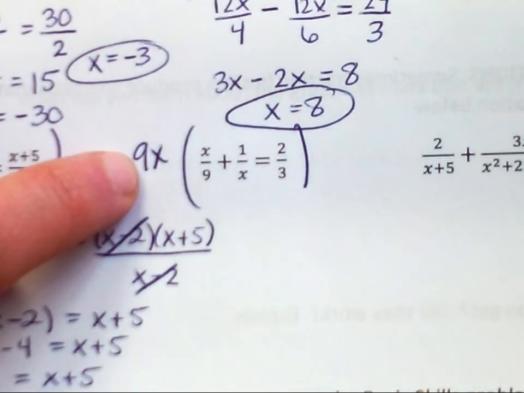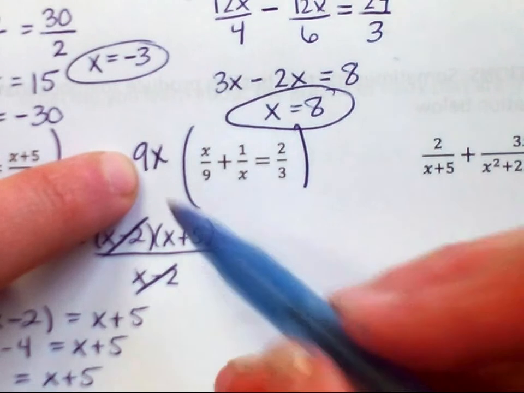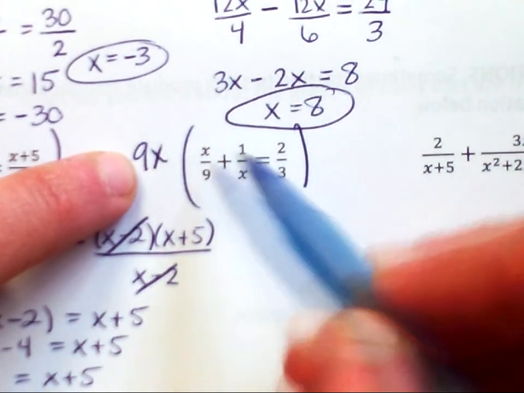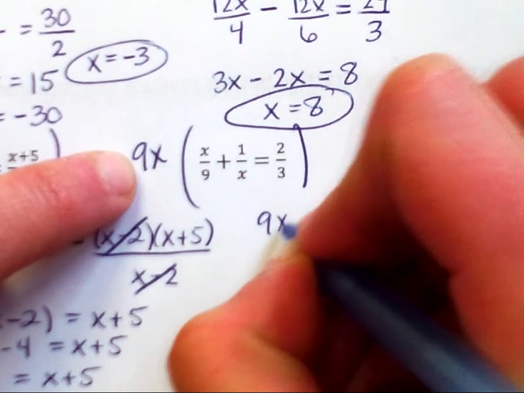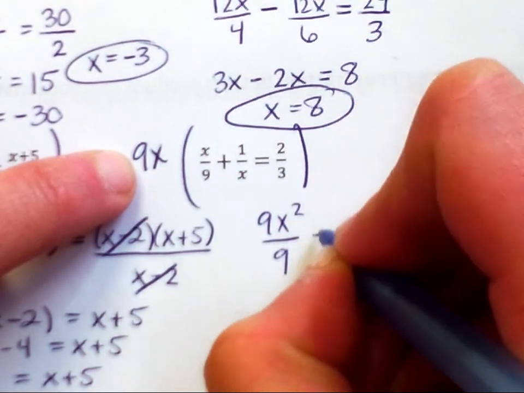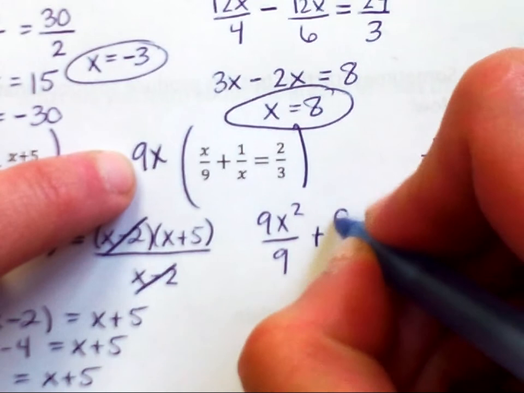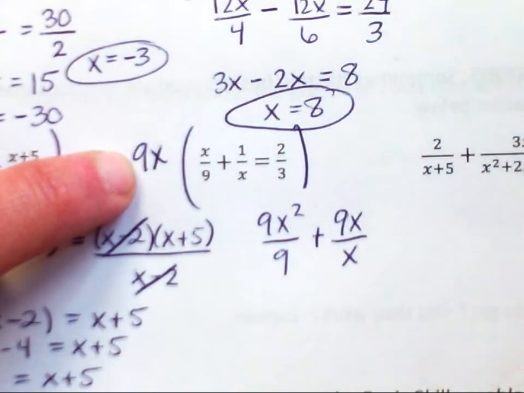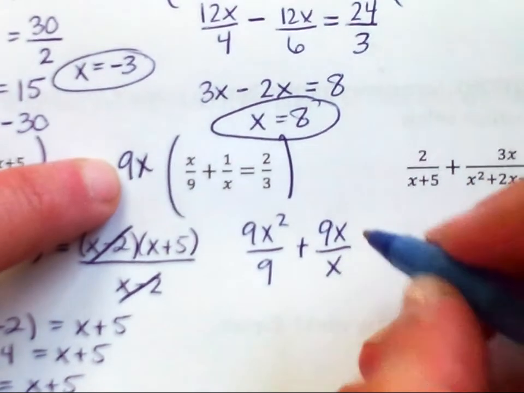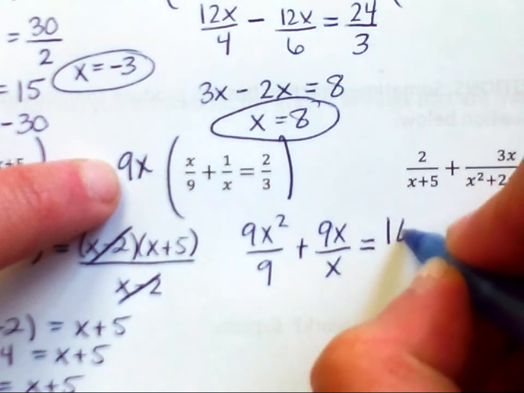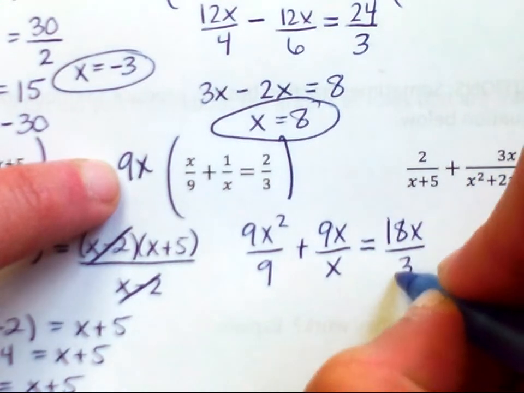So then we would have, for our first term, 9x squared over 9 plus 9x over x equals 18x over 3.